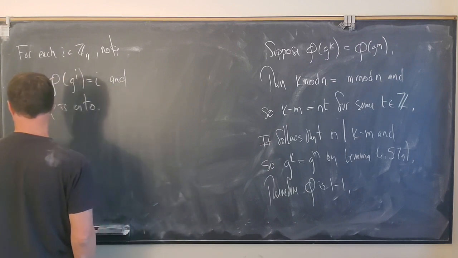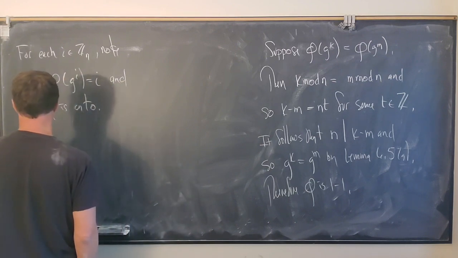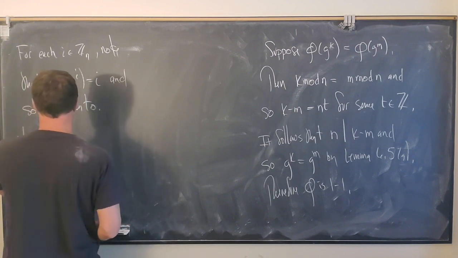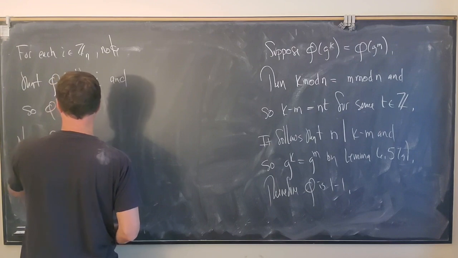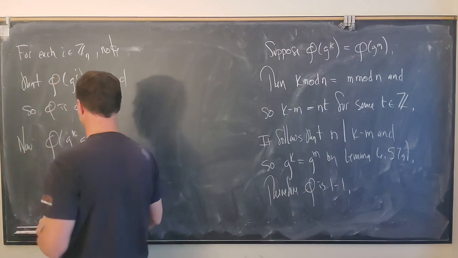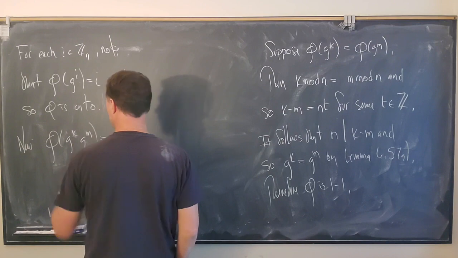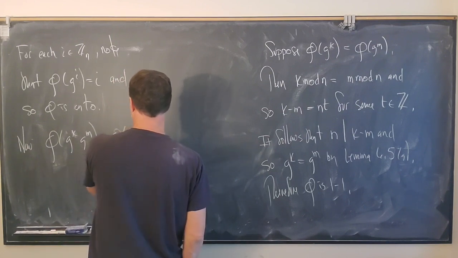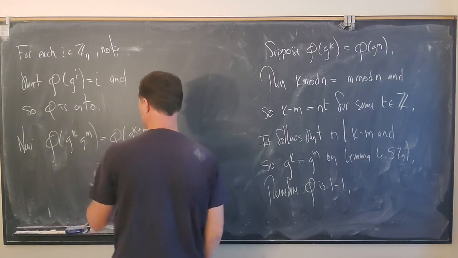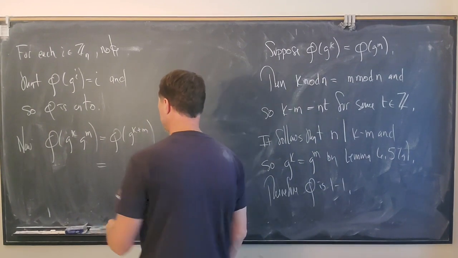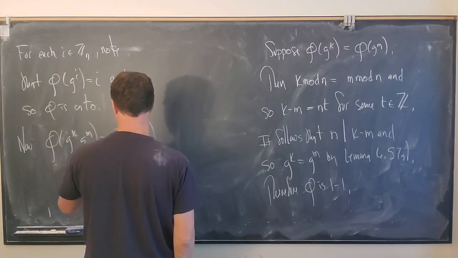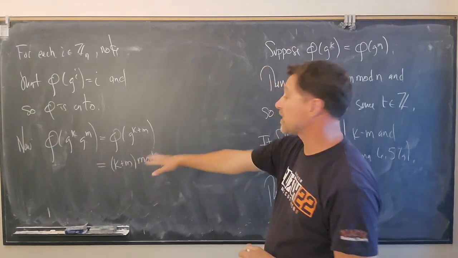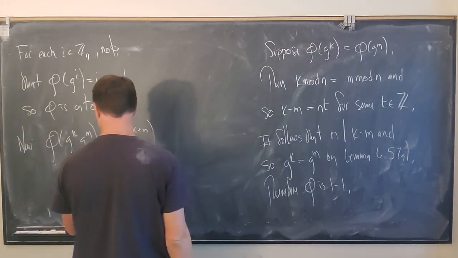So let's say now phi of g to the k times g to the m is equal to phi of g to the k plus m. That's equal to k plus m mod n. And the nice thing about modular arithmetic is we can split this up into two pieces.